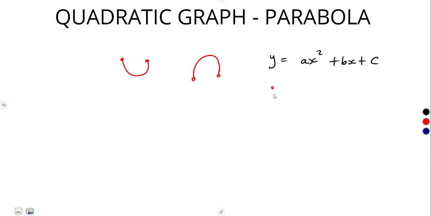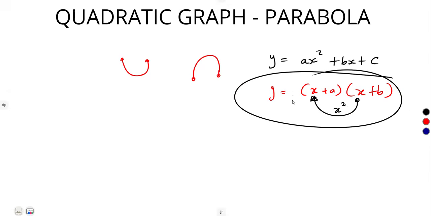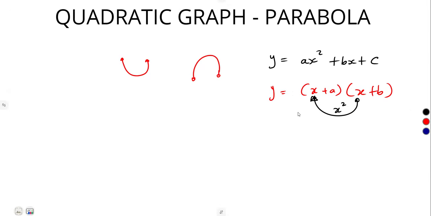This can also be obtained if we are given two brackets where we have x, maybe x plus a, and another one is x plus whatever you're given, but we've got two brackets in x. The x and the x, when multiplied, are going to give us x squared. So when you are given two brackets in x, you can multiply x and x to obtain x squared.